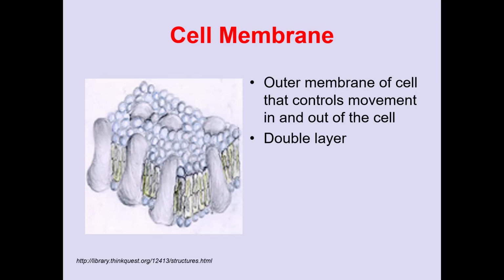The membrane has two layers, and it has many constituents like the membrane proteins and also the membrane lipids that help in shaping and maintaining the integrity of the cell.